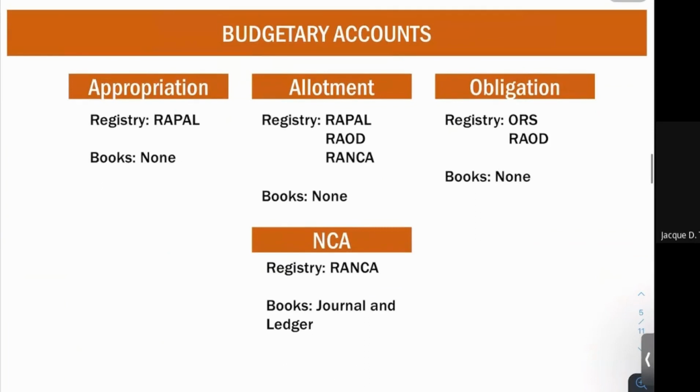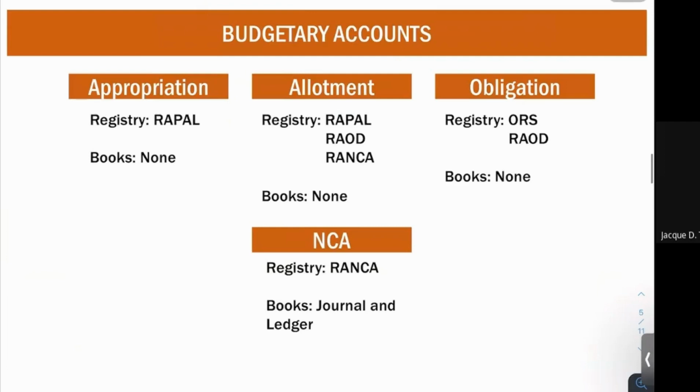So now let's look into your different budgetary accounts. So the following are your budgetary accounts. We said your appropriation, allotment, and your obligation. And we already have discussed the difference of those three. Now, how do we record it? Again, we said there are two books.